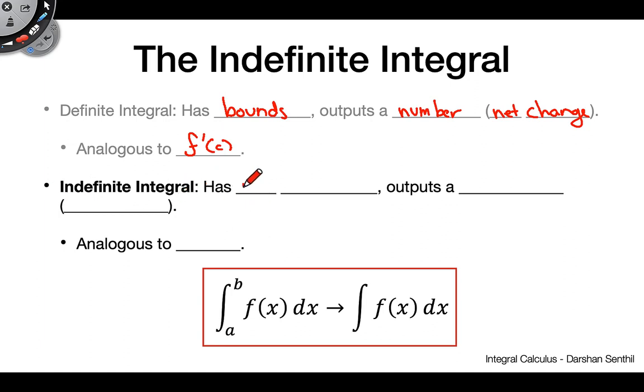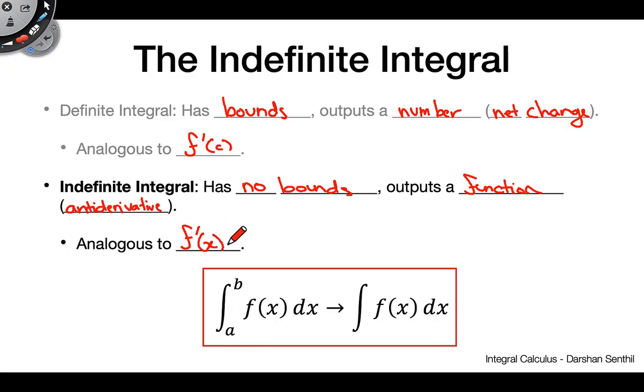It has no bounds, and it outputs a function. We call this the antiderivative. And this is analogous to f prime of x.